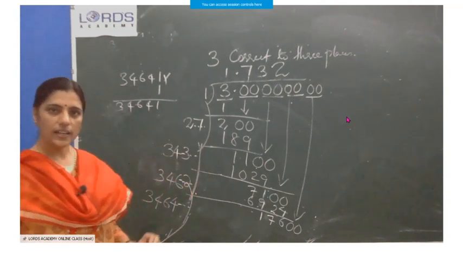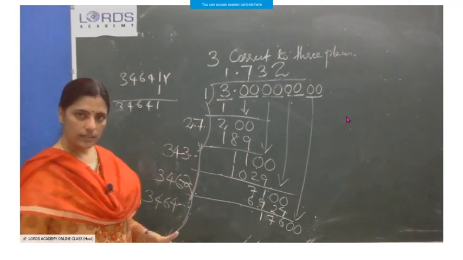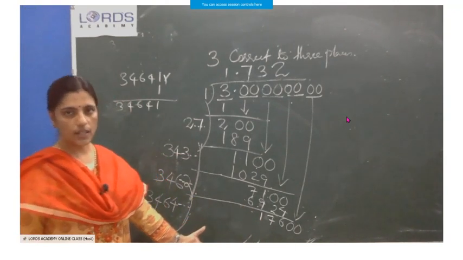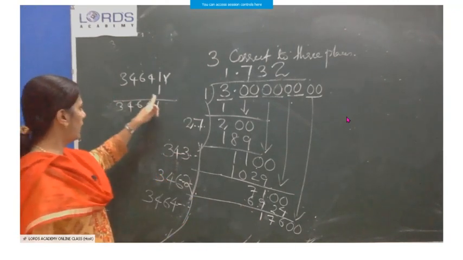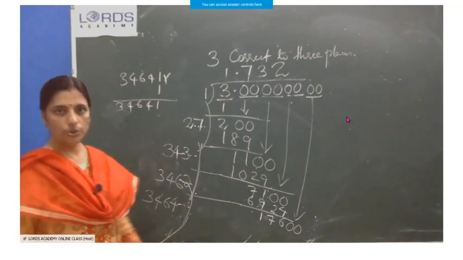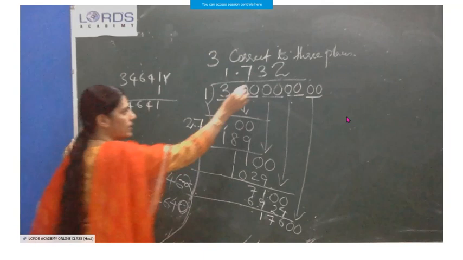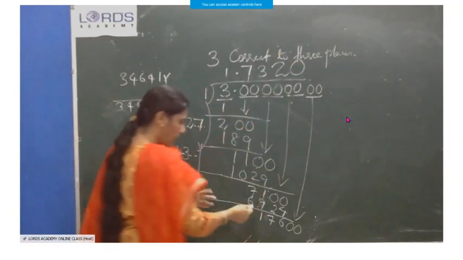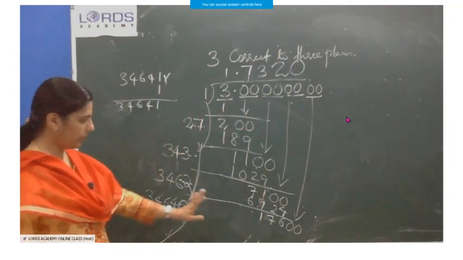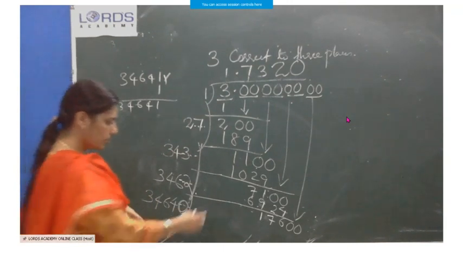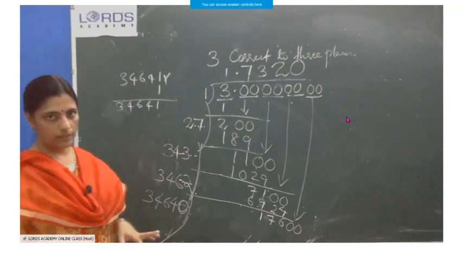Is there any digit suitable for this? That means no digits are possible. Even 1 can't satisfy it. So we will keep 0 here, and 0 here also. After that I am not writing, because we got 4 decimal places, so the other steps are irrelevant.